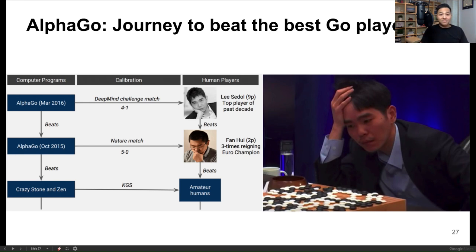So, at least Lee Sedol won one game, right? And if you watch the documentary, you can see how dramatic this becomes, and capture this shot here of how frustrated Lee Sedol was playing with the machine. I would not play with the machine. It's no fun, right? I want to play with another human.